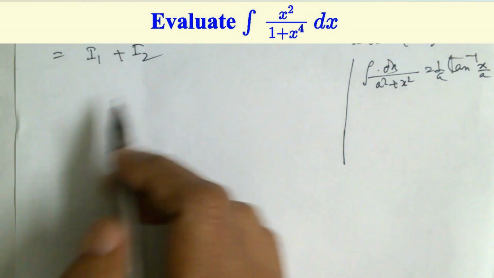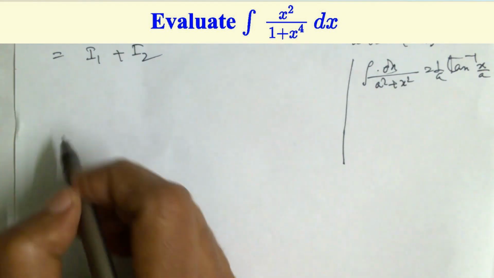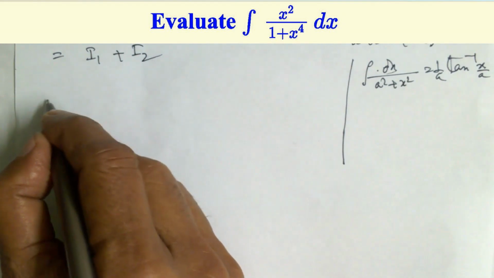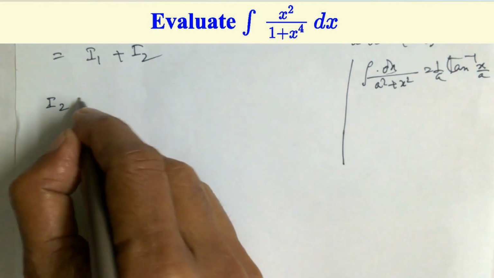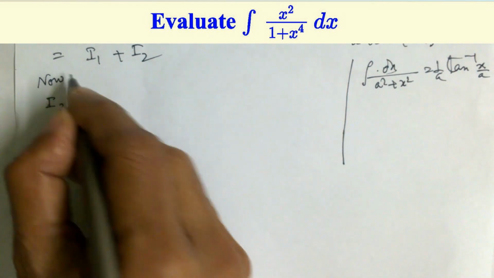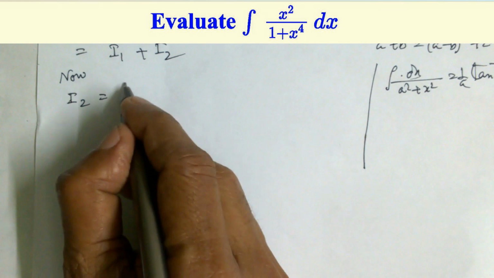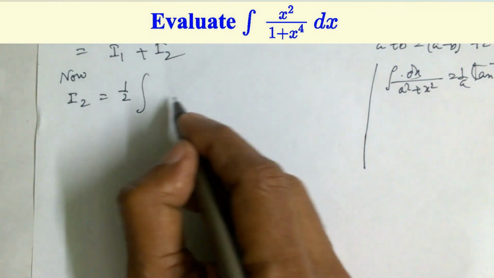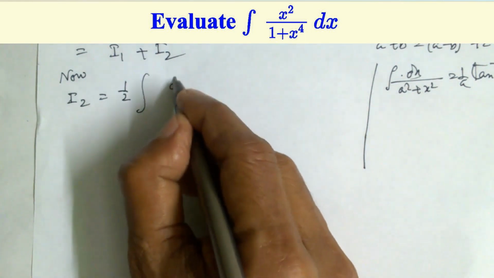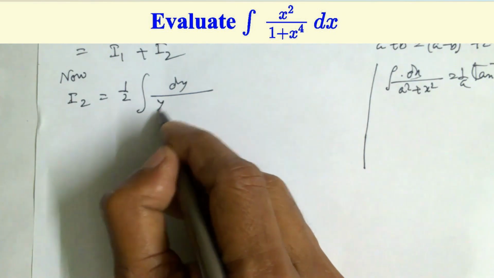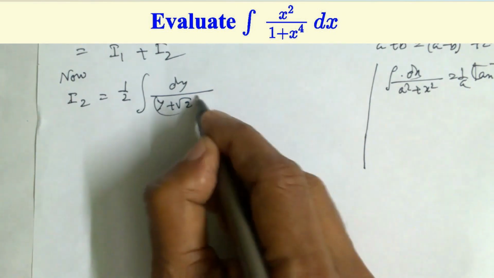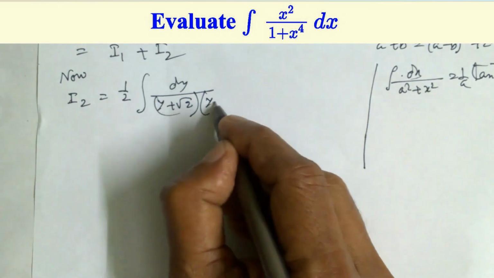We have assumed this way because we will do only this now. I2 is equal to half integration dy by y plus root 2 into y minus root 2.